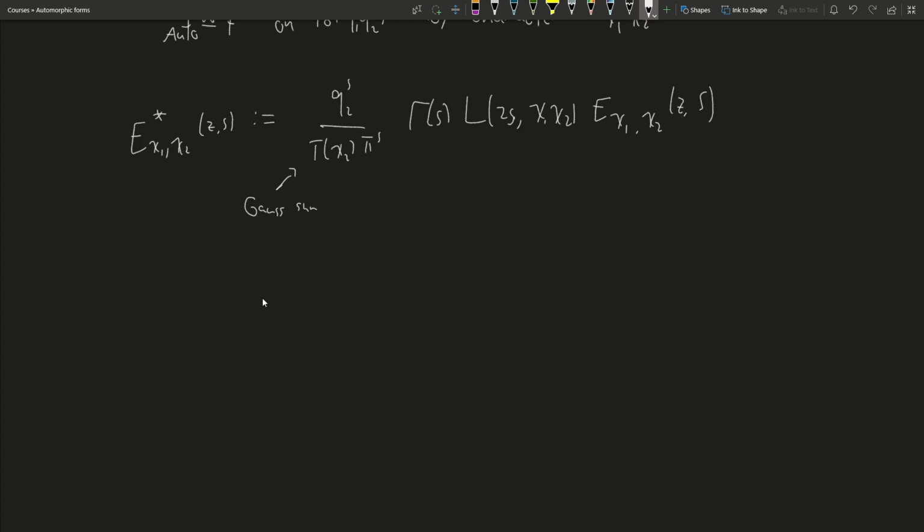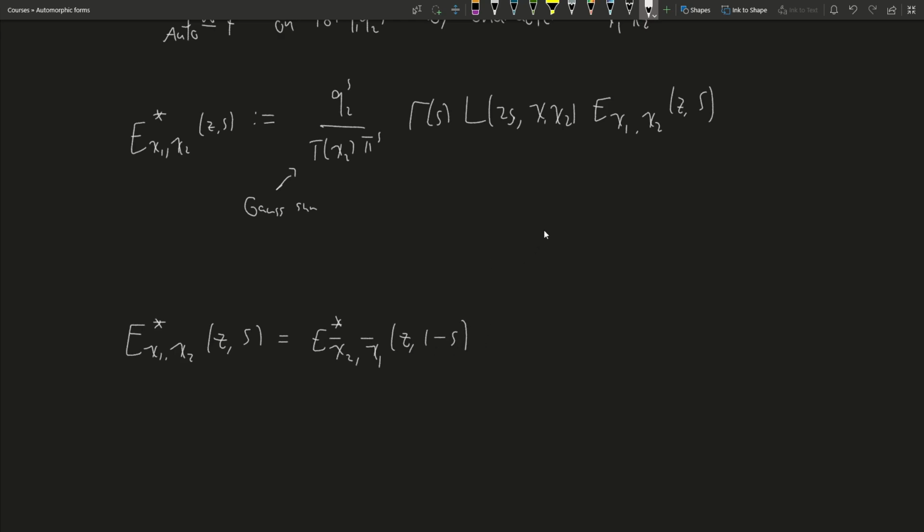So these satisfy the functional equation that E chi1 chi2 completed (z, s) is equal to E chi2 chi1. So you swap the order of the characters and you put a bar over both. And then you have s goes to 1 minus s.